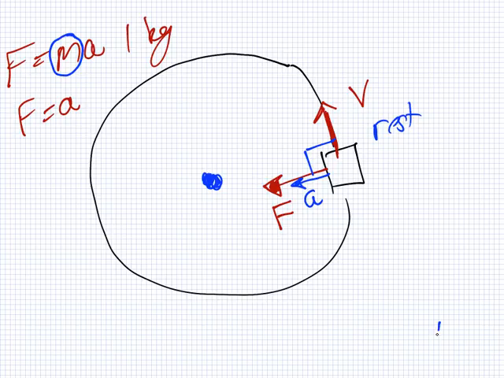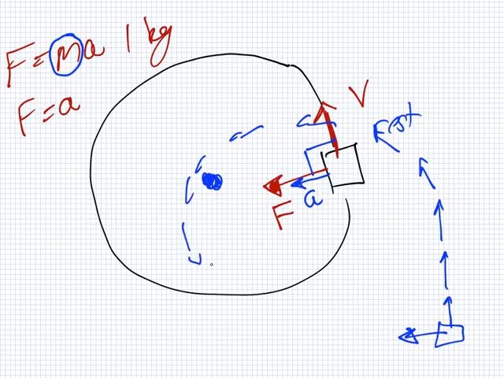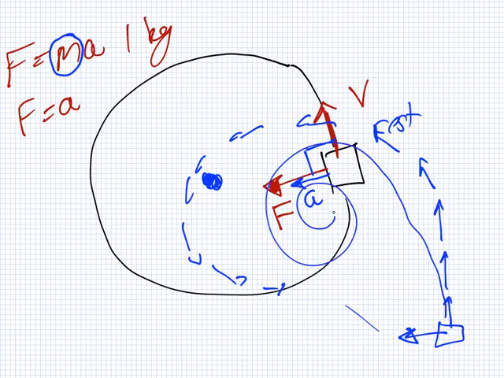Imagine the car is going really fast this way, and then a force suddenly pushes it to the left. The car won't suddenly move to the left. What will happen is it will get shifted into moving in a circle. If the force is big enough, it will spiral into the center. If the force is too small, it won't move in a circle, it will just curve slightly.